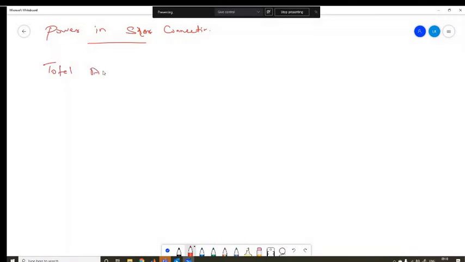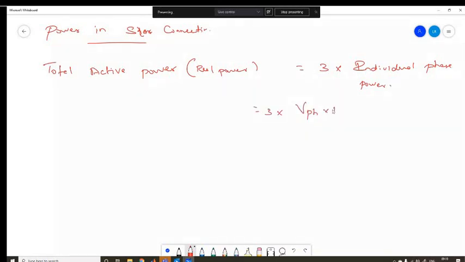Total active power, or in other words, real power. So we have the real part as well as the imaginary part, which you are already aware of. Now the total real power will be nothing but 3 times the individual phase power. So that is nothing but 3 into VPH into IPH cos phi.